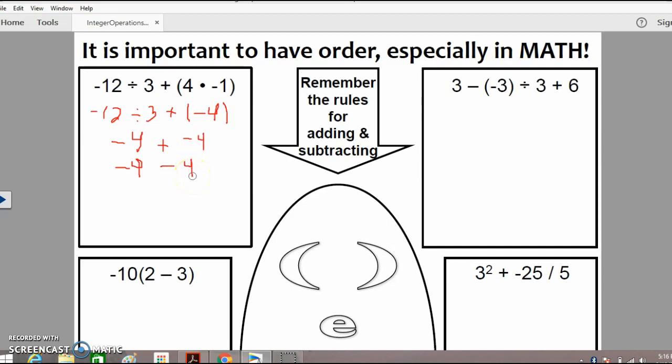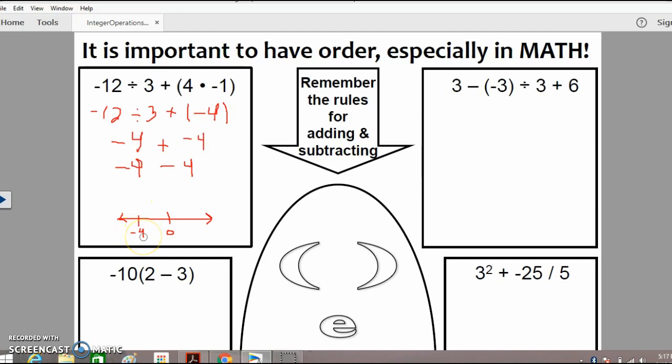Maybe you can help me out here. I have -4. I subtract 4 more. -4. Picture it on the number line, and I'm going to draw it really quickly. Your number lines do not have to be perfect. They just need to help us gauge where we are. So here's my 0. My -4 is over here.